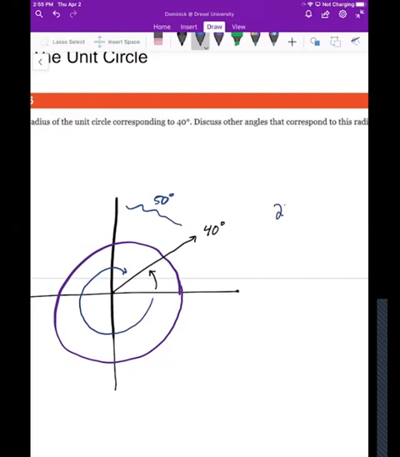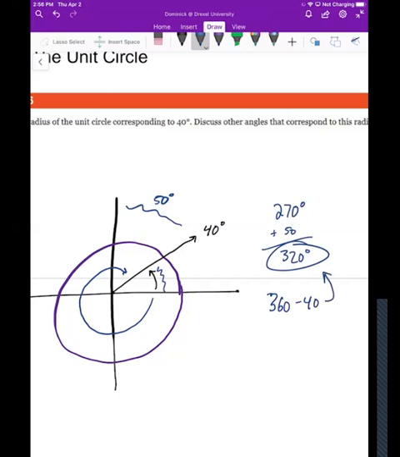So I need to go 270 degrees, which is the 3/4, plus another 50, which would give me 320 degrees. And of course another way we could have gotten that is that we want to go the whole circle except for this 40 degrees. So you could have also said it's 360 minus 40, and that could have also been 320.